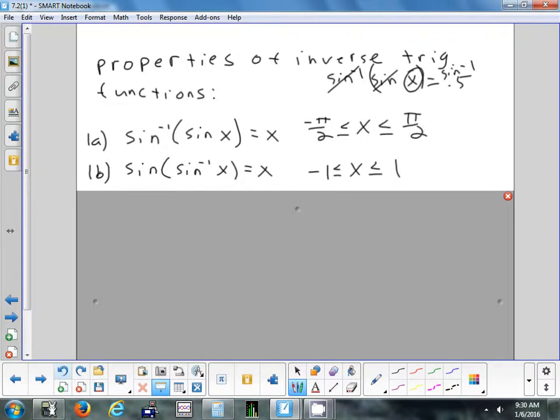This rule is similar. We don't use this one as much, but it's when the inverse and the regular trig function are flipped. So what I'm saying here is regular sine and inverse sine cancel each other out. But they only cancel each other out if the number right here is between negative 1 and positive 1.